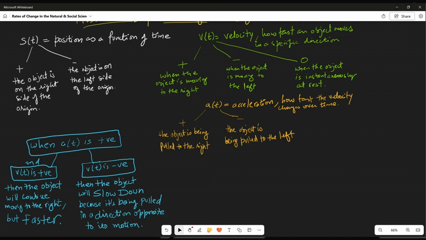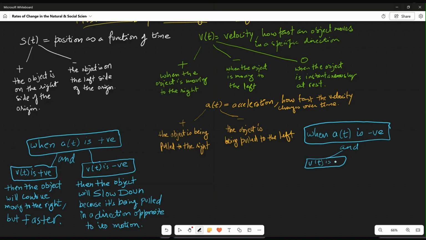Now let's look at when acceleration is negative and velocity is positive and velocity is negative.